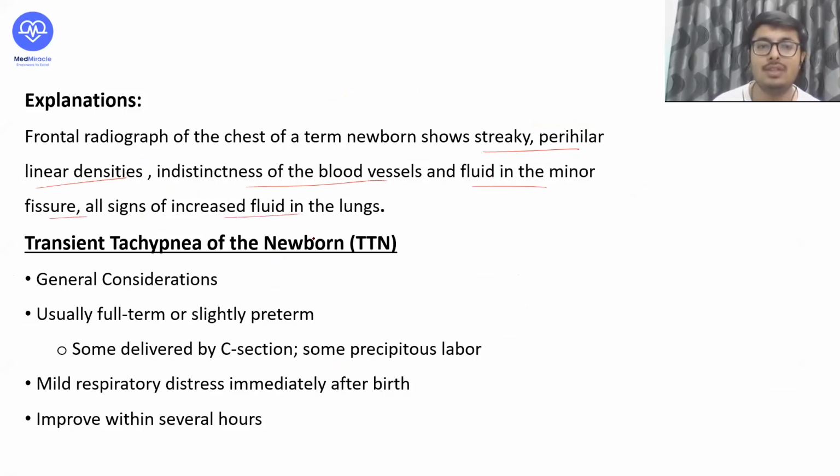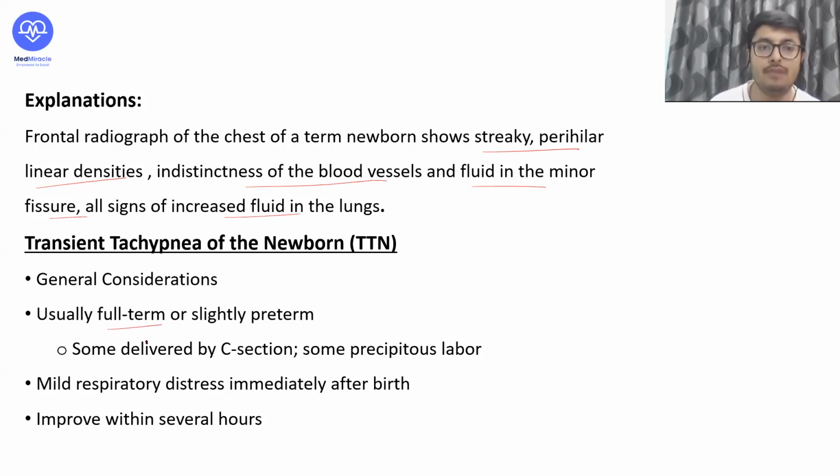Once the respiratory effort starts, the fluid gets cleared from the lungs. But in this child, the respiratory effort has not started because he was abruptly delivered and the environment to which it belonged for 9 months has abruptly changed, right? So the lungs are not cleared of the pulmonary fluid, and as a result, the transient tachypnea develops.